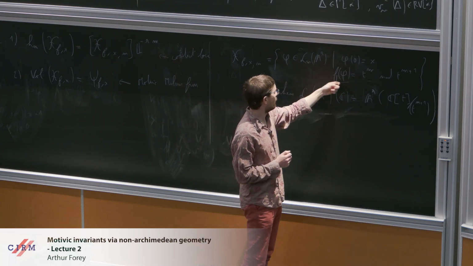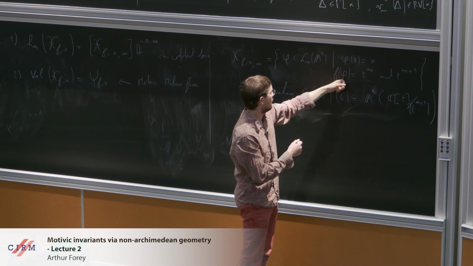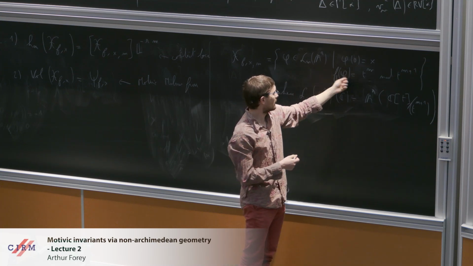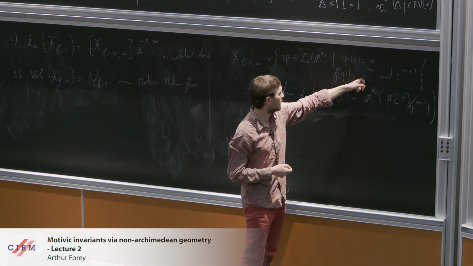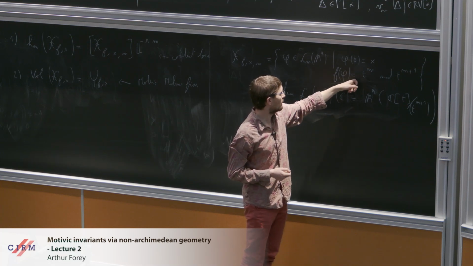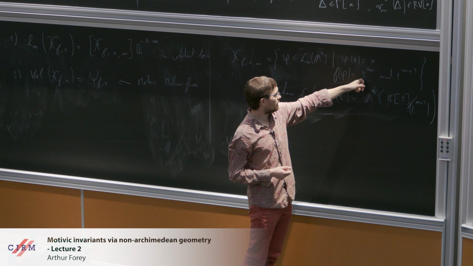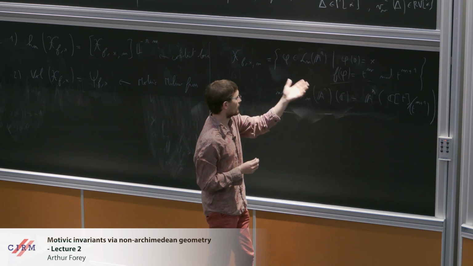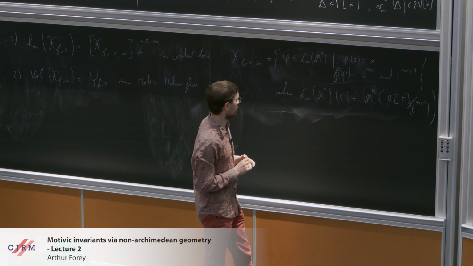And then you look at f of phi, and you can replace phi by its expression and expand, because f is just a polynomial. You expand, and you ask that all the coefficients below t to the m are 0, and the coefficient of t to the m is 1. And you don't care about higher order coefficients.